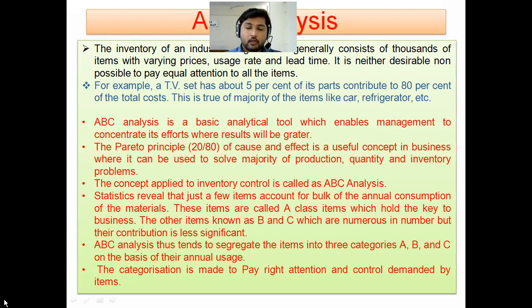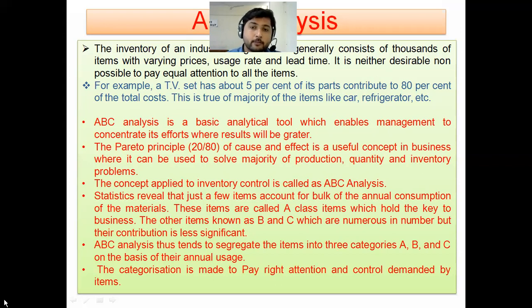then out of the 1,000 components required to produce that bike, only 5 to 10% of components consume 80% of the price. Out of 1 lakh rupees, 5 to 10% of components require 80% of the expenditure, and the remaining 20% of expenditure is required for the remaining 80 to 90% of components.